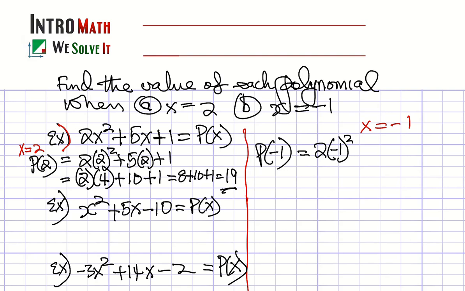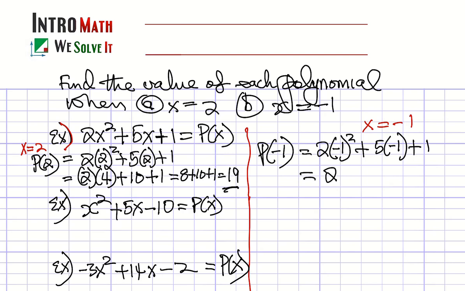I'm going too fast. -1 times -1 becomes positive, so it's 2 plus, I'm sorry, it's going to be negative: 2 minus 5 plus 1.